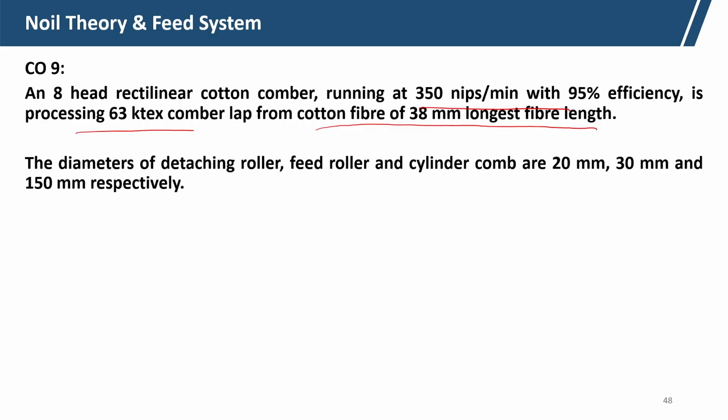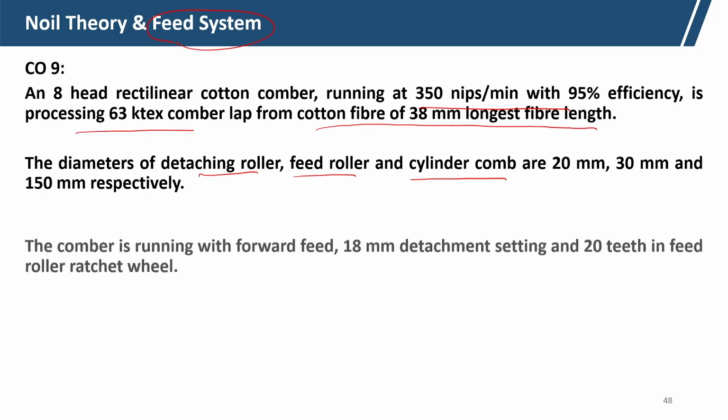Now, the diameter of detaching roller: Noil theory and feed system. So, this numerical is related to the feed system. In addition, other information is given, that is the diameters of detaching roller, feed roller and cylinder comb, which are 20 millimeter, 30 millimeter and 150 millimeter respectively.